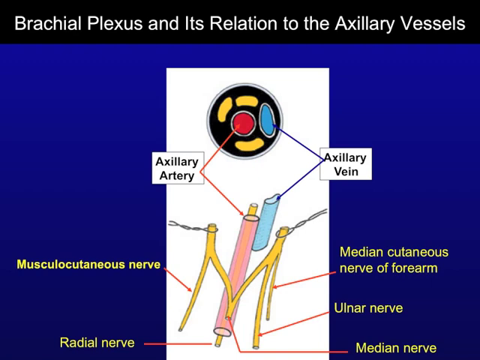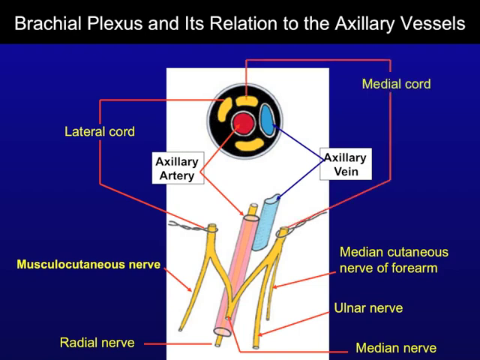The axillary artery and vein, red and blue respectively, are now labeled in the cross section. And the relationship of the lateral cord to the vessel is now indicated. The medial cord is now labeled. And finally, the posterior cord is labeled.